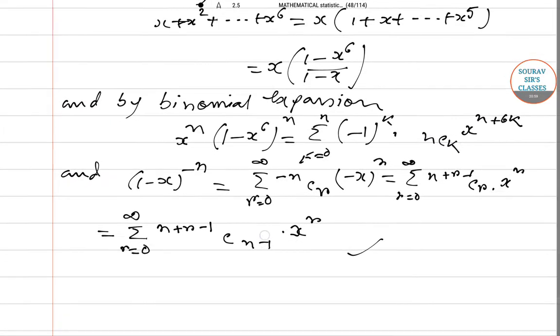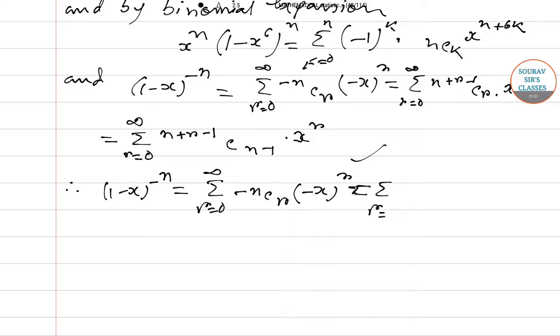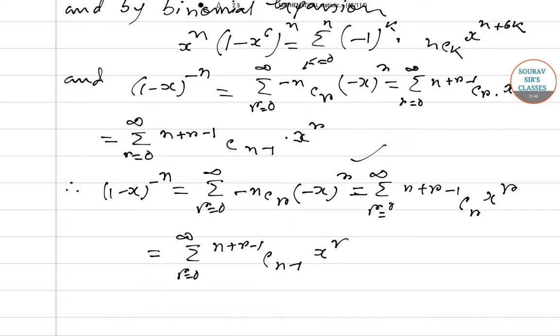From here, hence we can write (1 minus x) to the power minus n equals summation r equals 0 to infinity of (n plus r minus 1)Cr times x to the power r, which is also equal to summation r equals 0 to infinity of (n plus r minus 1)C(n minus 1) times x to the power r.